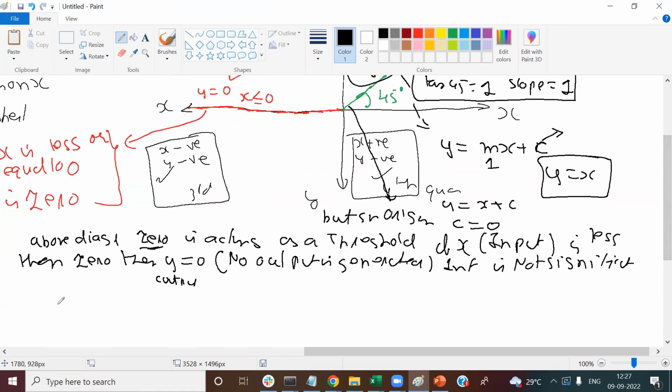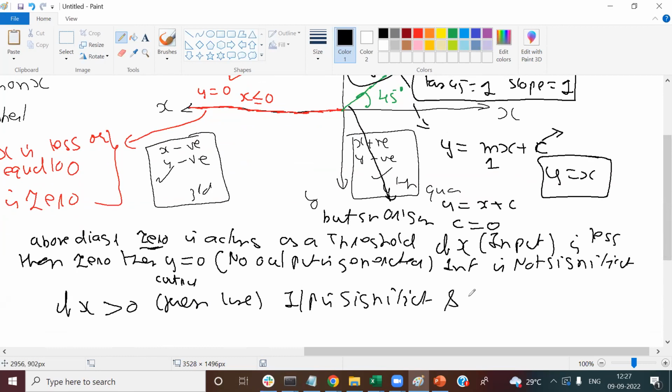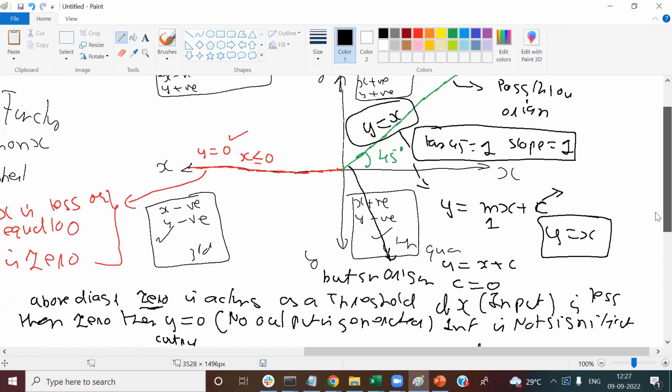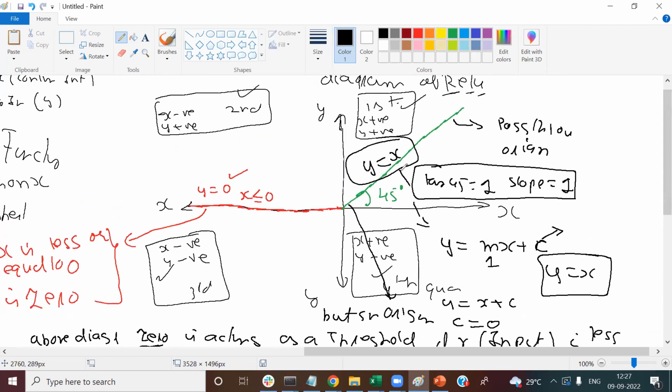Okay. If x is greater than 0, which is on the green line, it means input is significant. And if input is significant, then output is equal to input. Why? Because y is equal to x.